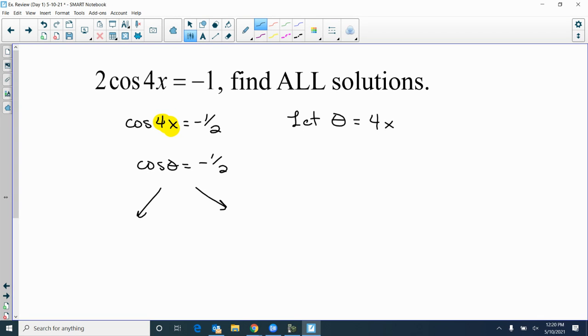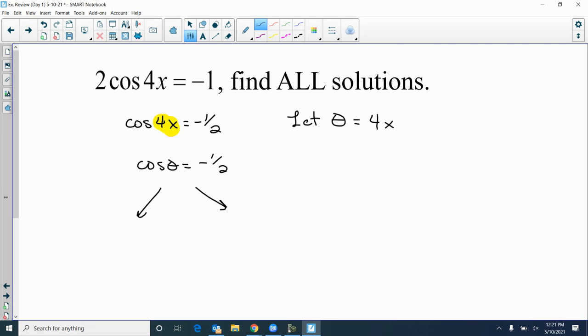And that's similar to like the first ones that are on the bottom of your review sheet. Jackson, you remember what those angles are?